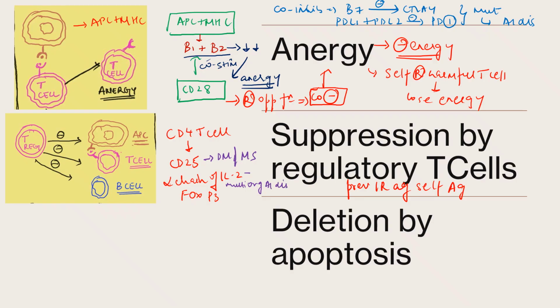And mutation of FOXP3 will cause a disease called IPEX. What is the full form of IPEX? It is an autoimmune disease wherein there is polyendocrinopathy, etc.